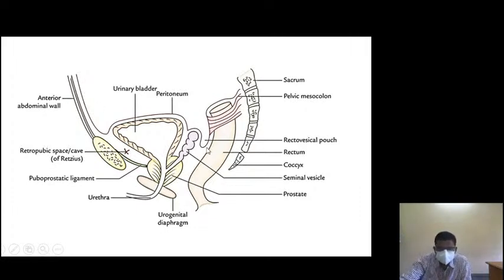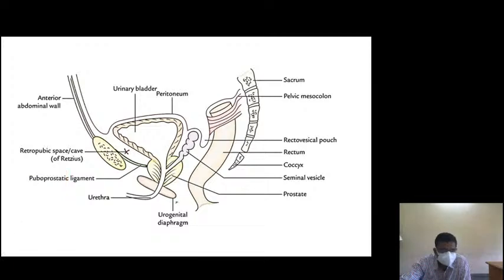So this is all about the peritoneal coverings. While reflecting back at this level, the visceral peritoneum forms a potential space called the rectovesical space or rectovesical pouch.